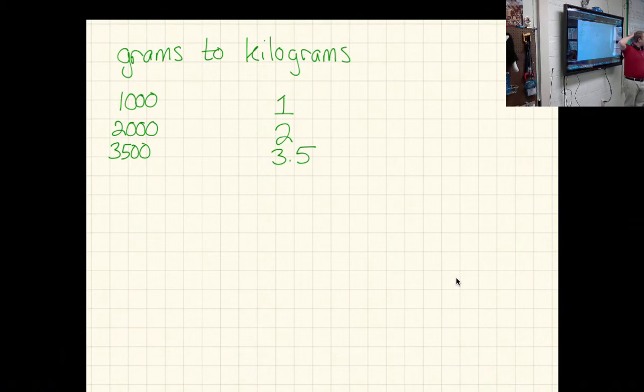Well, that doesn't look quite like 1. It's missing a few zeros. I'm going to have to multiply by a fraction, something small to get this way down. So in this particular situation, to go from grams to kilograms, I'd have to multiply by 1 over 1,000.